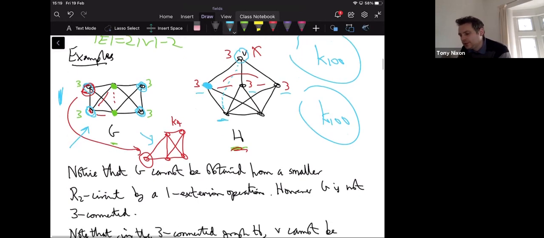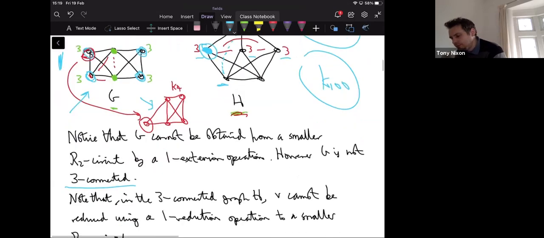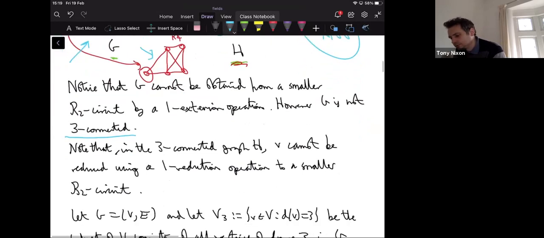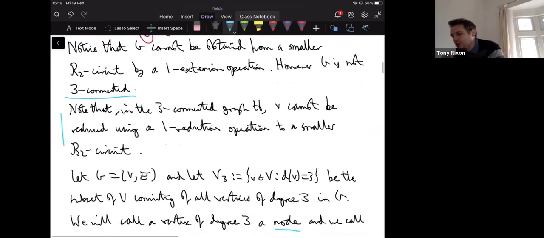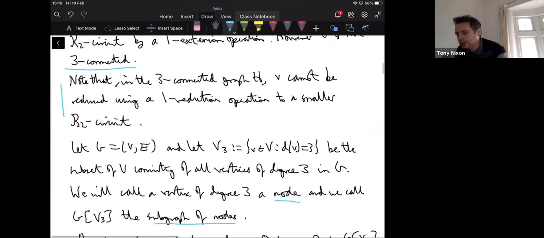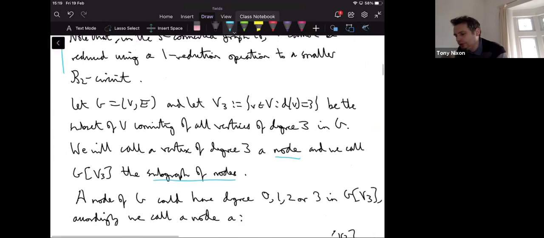And so that's what we're going to have to do. We're going to make a connectivity assumption on our circuits, and then we're going to find that still some are not good, but some are good. And we're going to have to prove that a good one always exists. Okay, so that's what I say here. In the 3-connected graph H, there was an irreducible vertex, but there are also good ones.